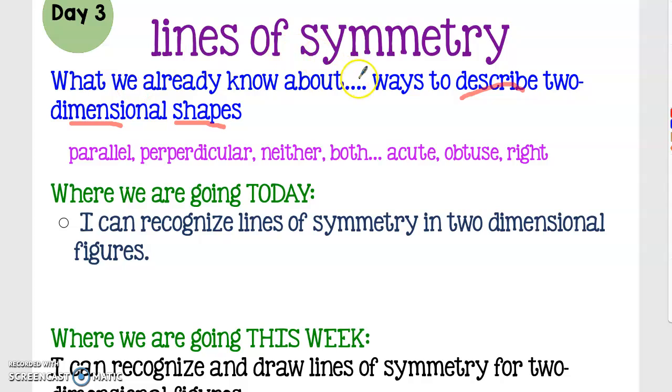So what we already know about shapes is how to describe two-dimensional shapes. On Monday and Tuesday, we looked at shapes, their sides, and their angles, and we put them in categories based on their lines. Are the lines parallel?